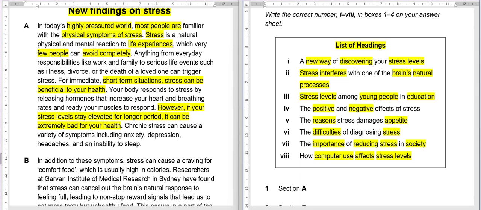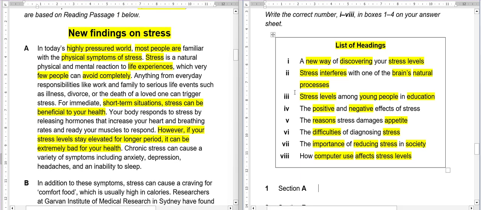Okay, time's up. Let's read the options together and see which option suits best. A option, a new way of discovering your stress levels. Is there any mention of some new way we can find out about our stress levels? No, there is no mention of this. Second option, stress interferes with one of the brain's natural processes.